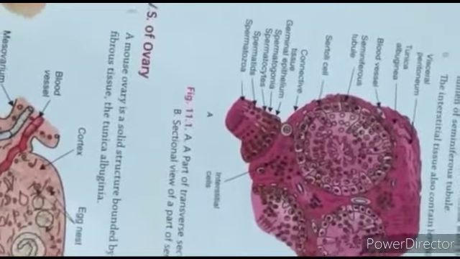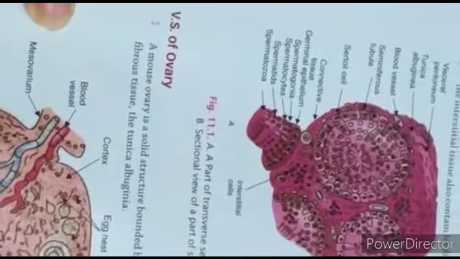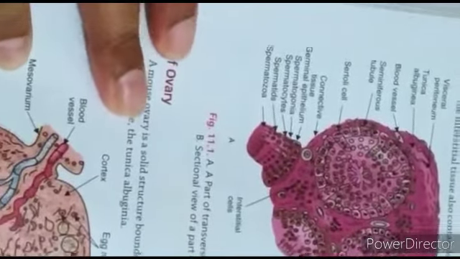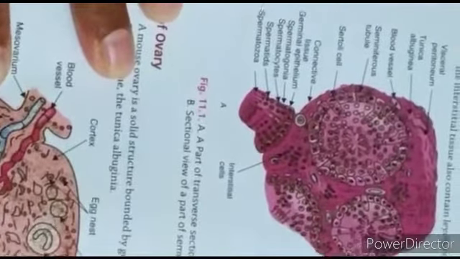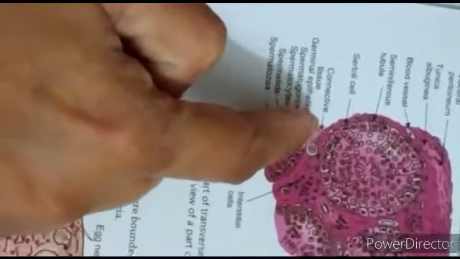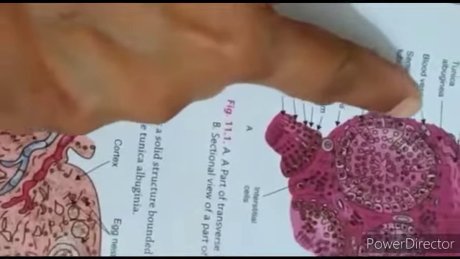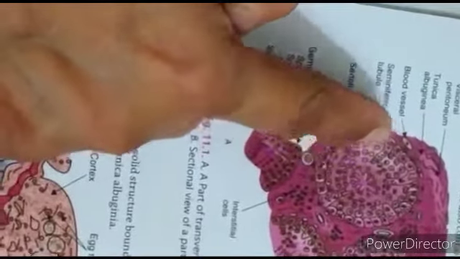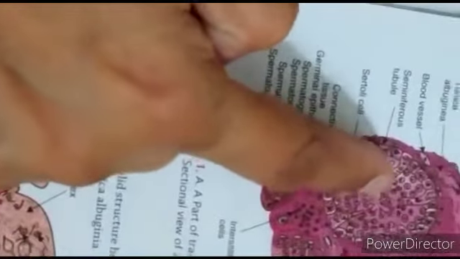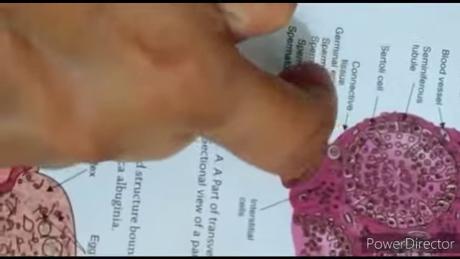Now coming to that particular part of the diagram, I'll be showing you the different parts of it. Now you can see that the outer covering of the testis is the tunica albuginea. Then we have lobules. Each lobule will have around 3 to 4 seminiferous tubules.